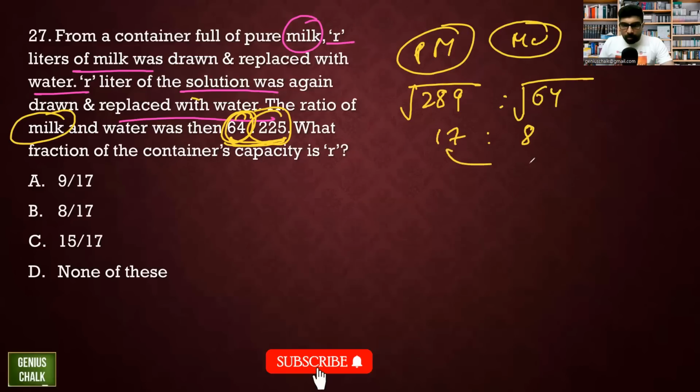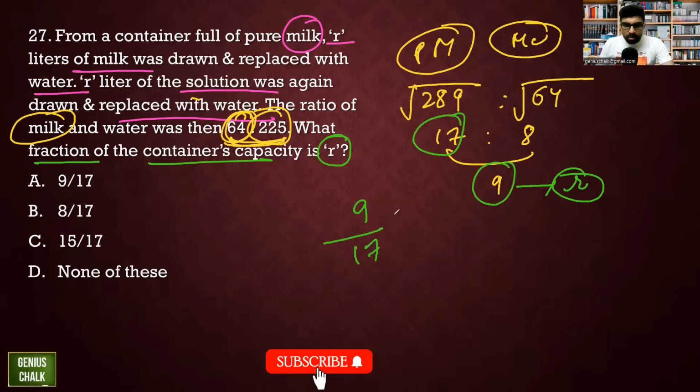So what am I replacing? I am replacing 9 quantity, and this 9 is actually given as R. It's saying what fraction of the container capacity is what you are replacing. So I am replacing 9 out of total, that is 17. Option A has to be my answer.